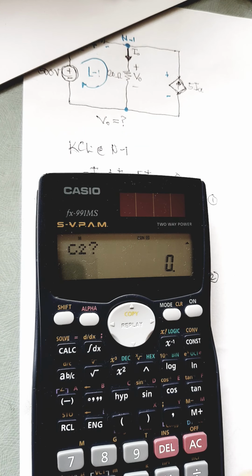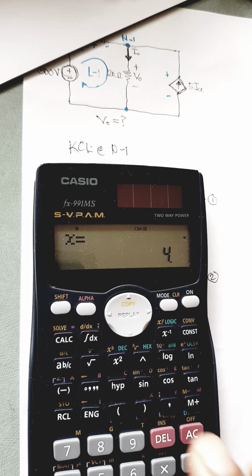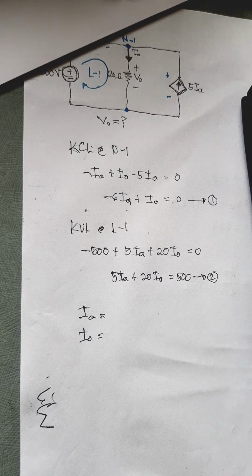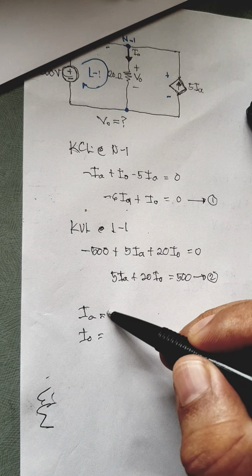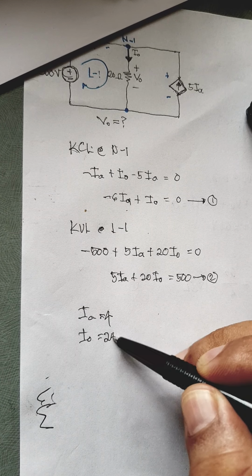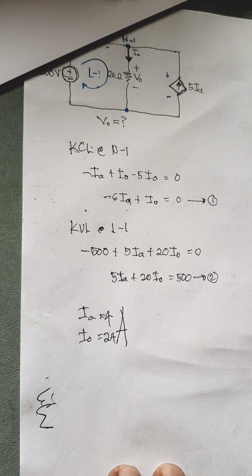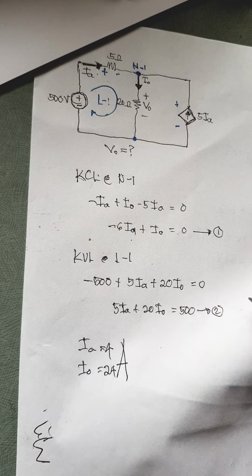Then C is 500. So our IA is 4 and our IO is 24. This is 4 and this is 24 amperes.